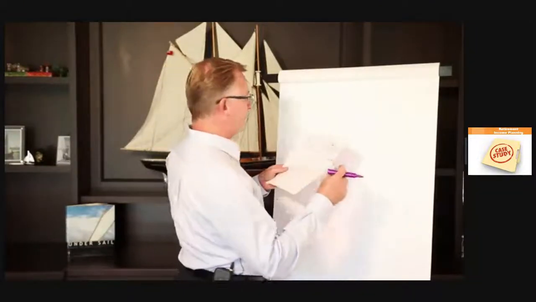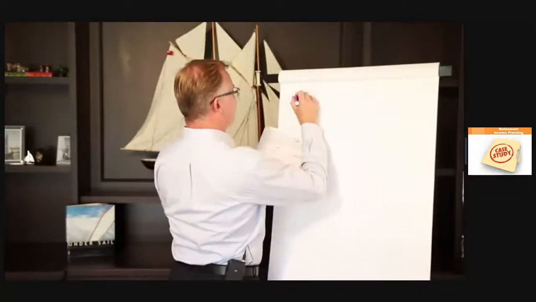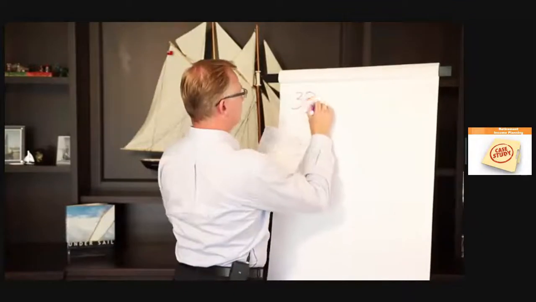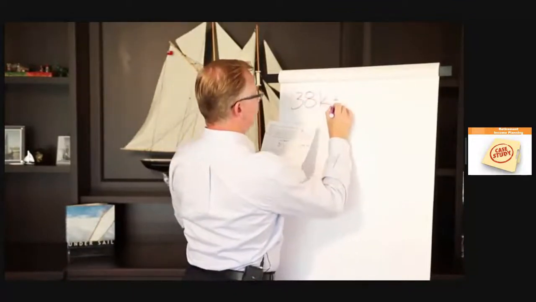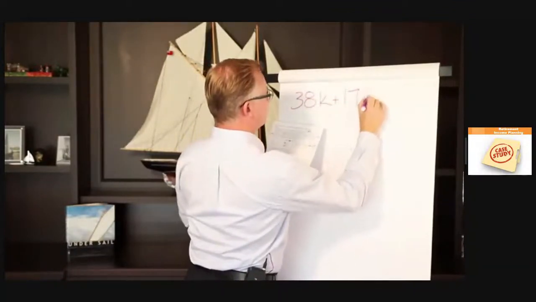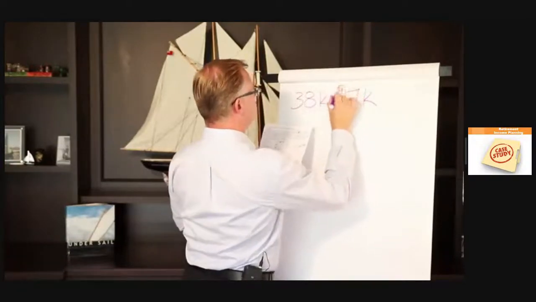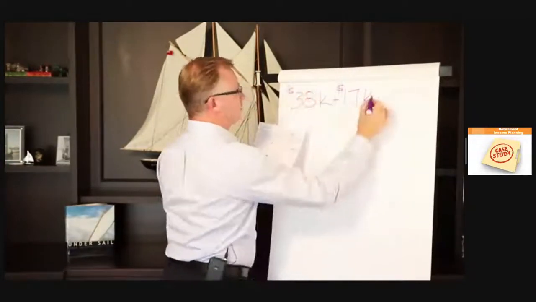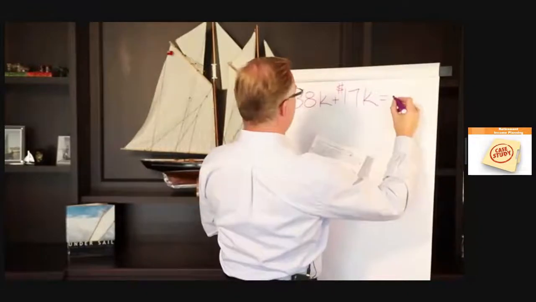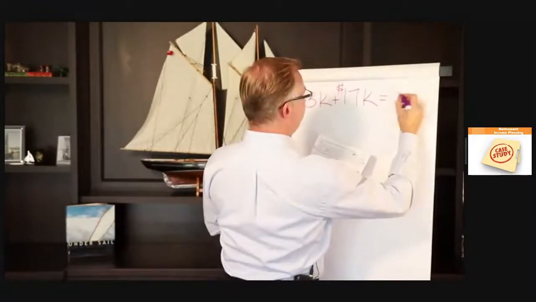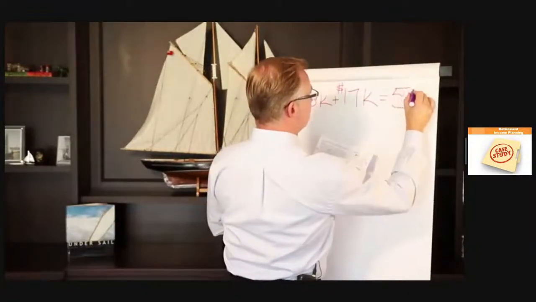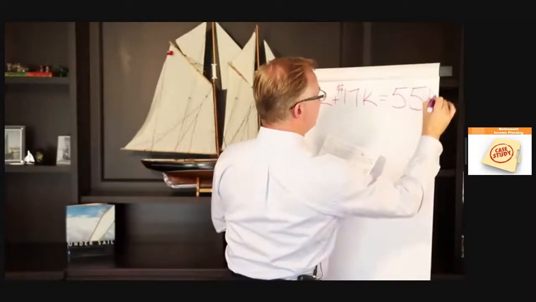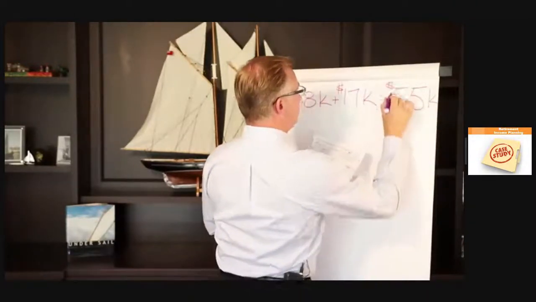So we have $38,000 plus $17,000, which gives us, what's that? $55,000. She needs $55,000 a year.